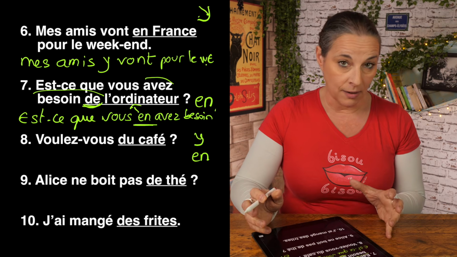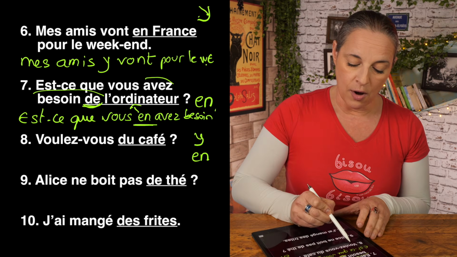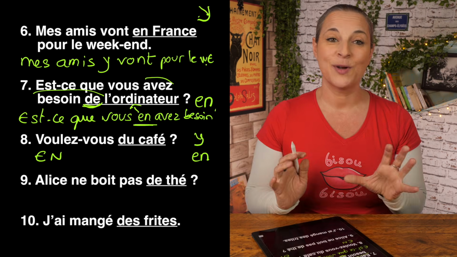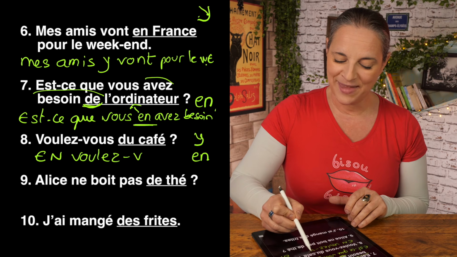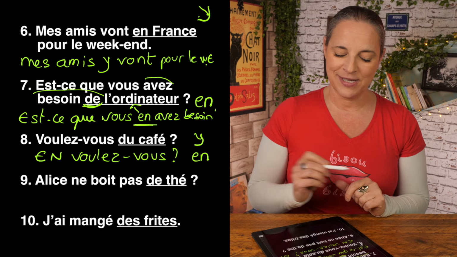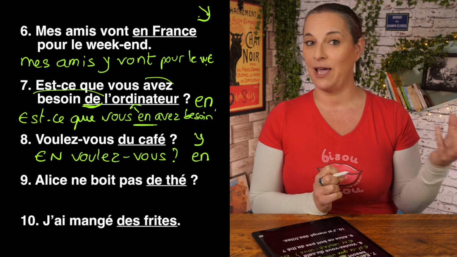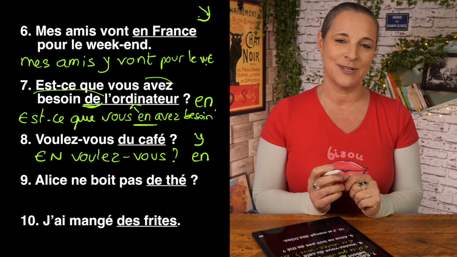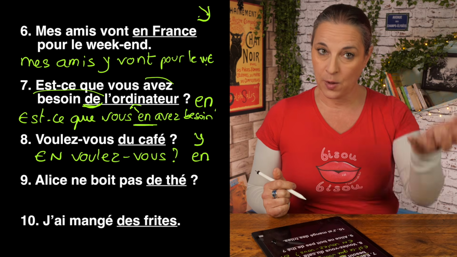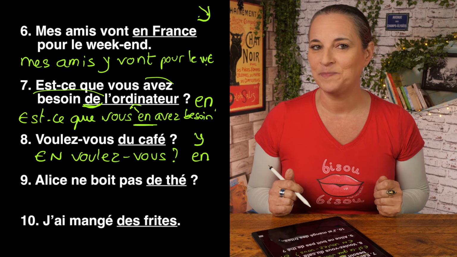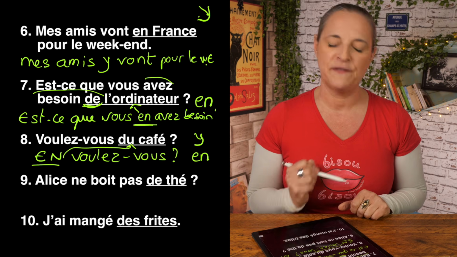Well done. Because we are talking about some. So en, and this is where the trick is. En voulez-vous? This one is very interesting because you would think, whoa, it's a question. Am I allowed to put en in front of this question? Absolutely. It comes before the verb always. So, en voulez-vous? Do you want some? Okay. So, en refers to du café.